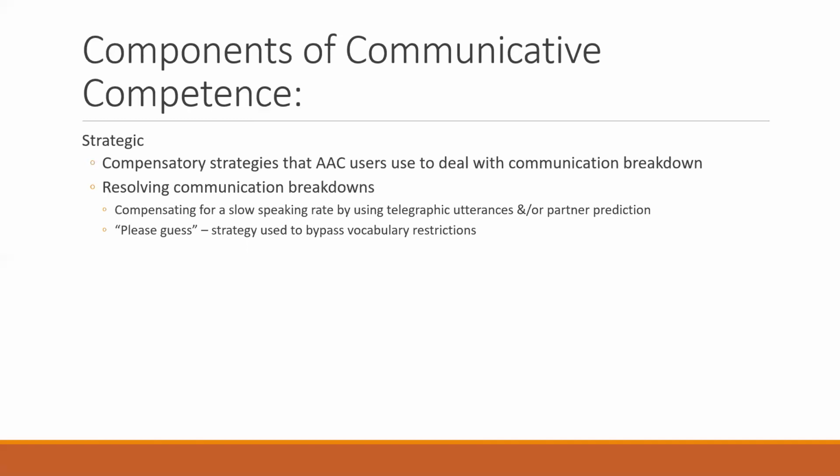We also see that there are strategies to compensate for a slow speaking rate, and this is more so used by aphasic adults, but using telegraphic utterances, or partner prediction.